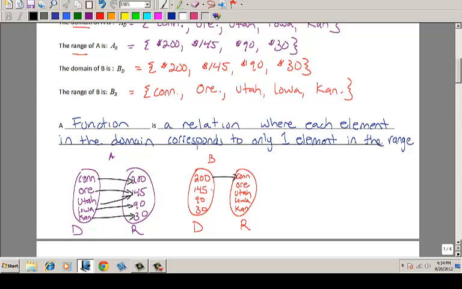The input value of $145 maps to both Oregon and Utah. $90 maps to Iowa, and $30 to Kansas.